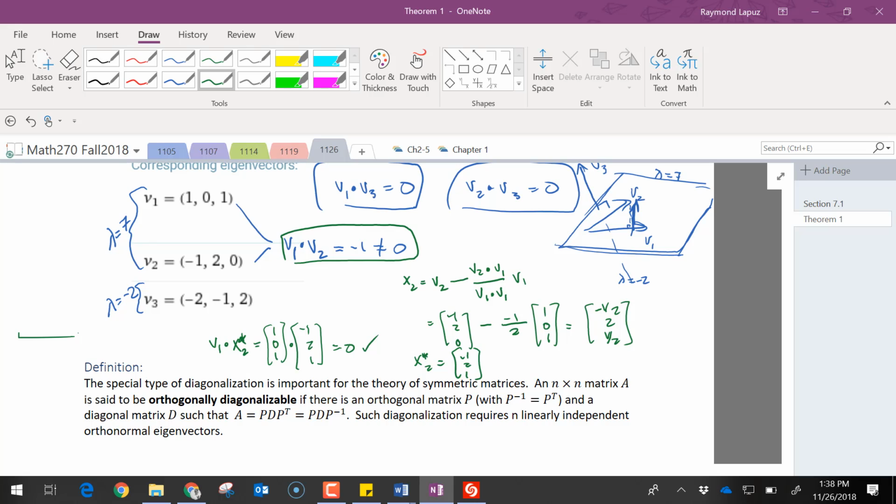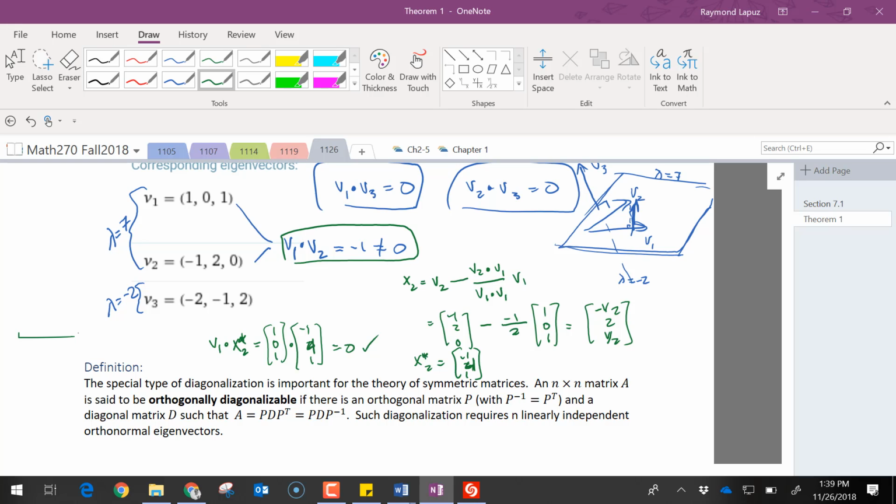So if you take x2 star dotted with V3, you should also get 0. Yes, it does matter. It didn't matter in the dot product, but it does matter when we create our matrix. Since we scaled it by 2, let's make sure we fix that. So -1, 4, 1. That's going to be our second vector, and now they're all perpendicular.